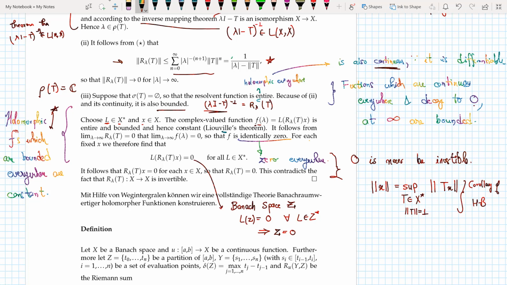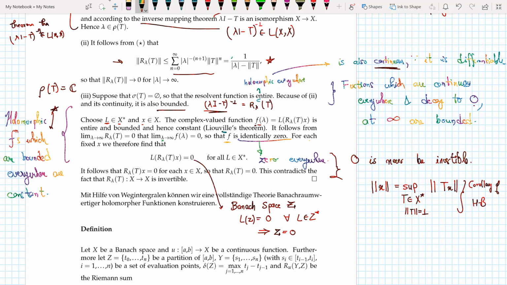And thus I can say that as lambda tends to infinity, f lambda must also be 0, so that f is identically 0. Earlier I said that f is holomorphic everywhere and bounded, so from a result in complex analysis f must be constant.